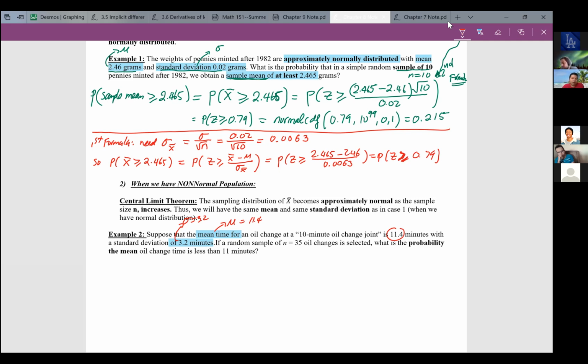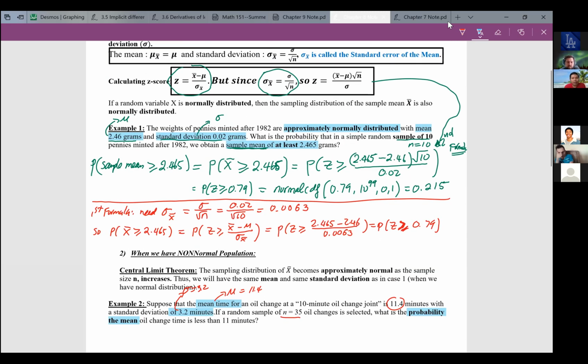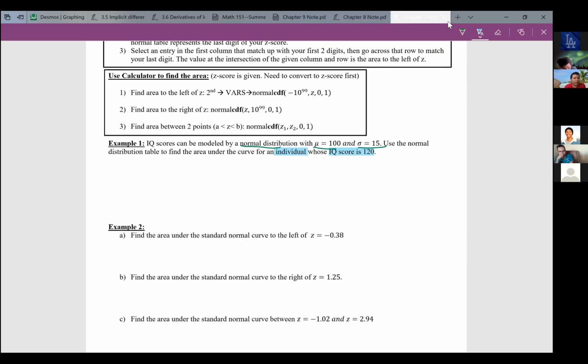Now, a random sample of 35 oil changes is selected. What is the probability that the mean oil change time is less than 11 minutes, right? If you look at example 1, it asked what is the probability that the sample mean is at least 2.645. In comparison, chapter 7 just talked about the IQ score, never mentioning the mean of the IQ score.